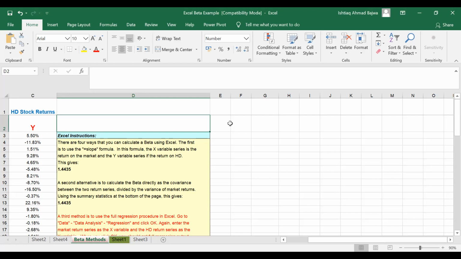Doctor, there is a cash flow one and a beta example. Beta example.